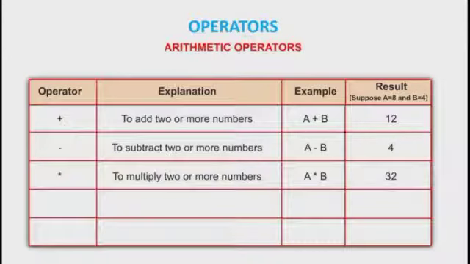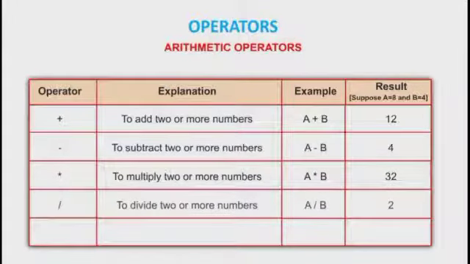Multiply: to multiply two or more numbers, A multiply B. So 8 into 4, the result is 32. Divide: to divide two or more numbers, A divide B. A value is 8 and B value is 4.